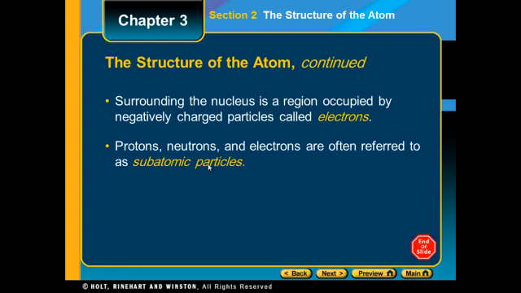The protons inside the chlorine also have a positive charge. The neutrons inside the hydrogen have no charge. The neutrons in chlorine also have no charge. So all the subatomic particles have the same properties even in different atoms.